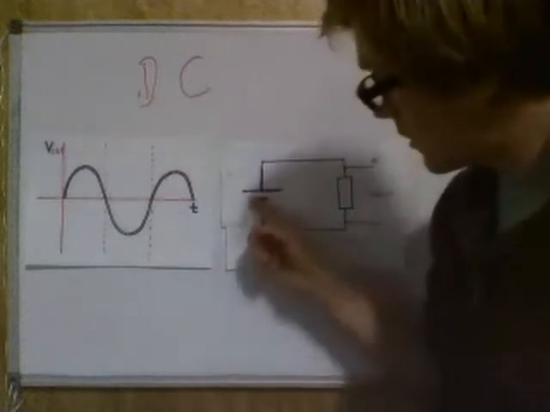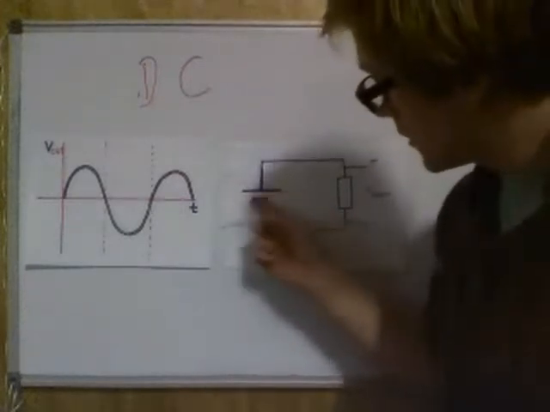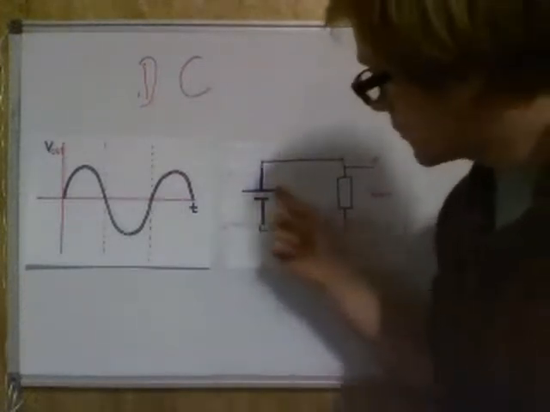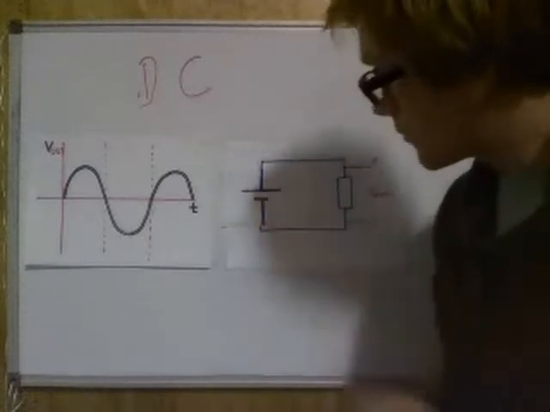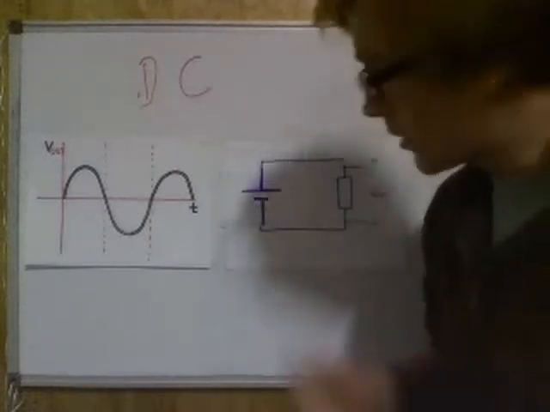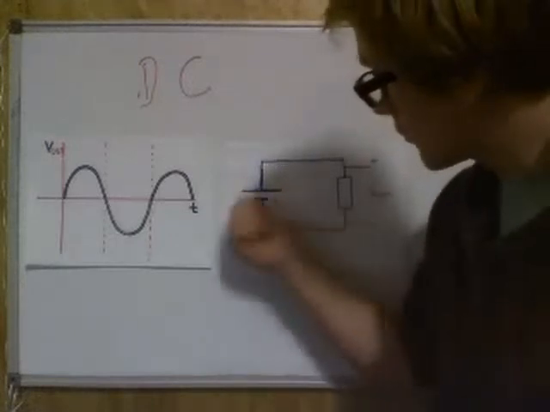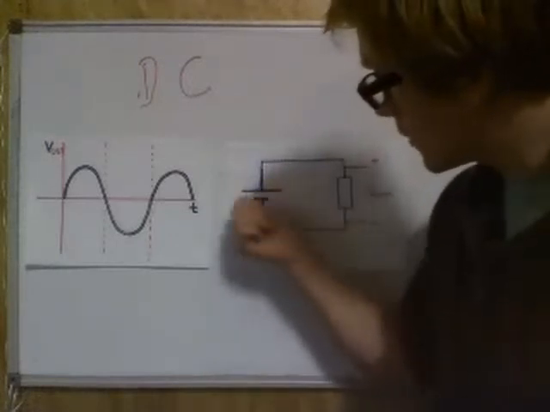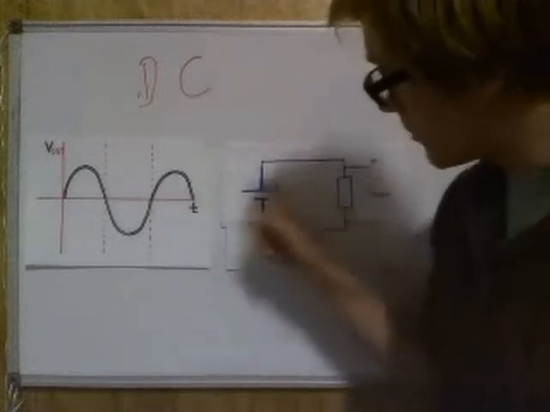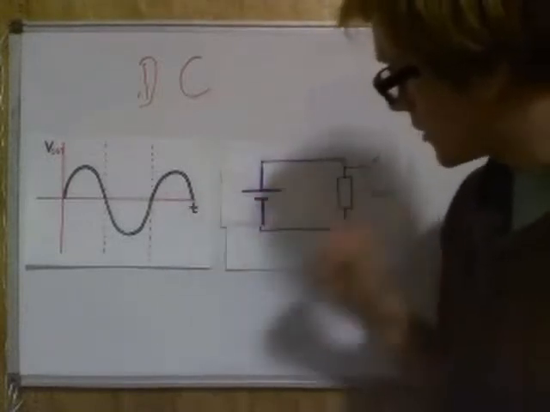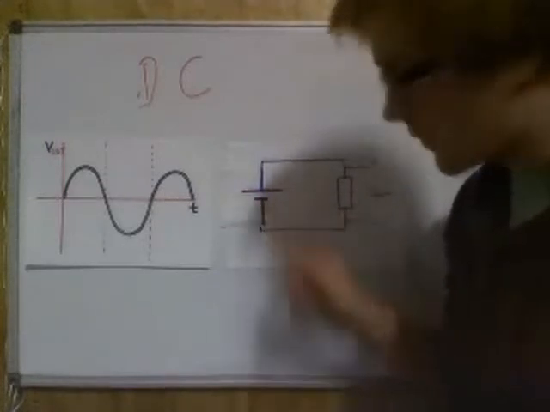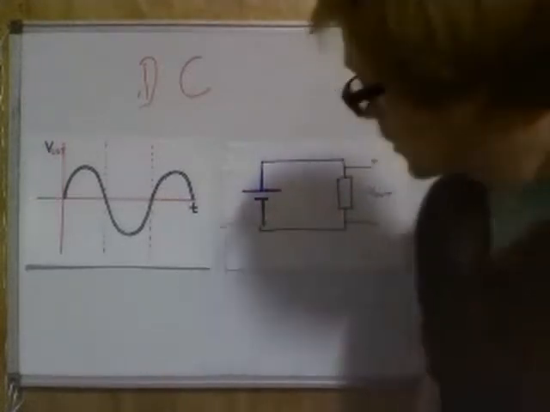A battery has a long side and a short side, and the long side represents the positive and the short side represents the negative. Okay, when I try and remember which is the positive and which is the negative side, I think if you want to draw a positive symbol, a plus, you need twice as much line than you do to draw just a negative. And there's twice as much line here as there is here. Don't know if that helps.